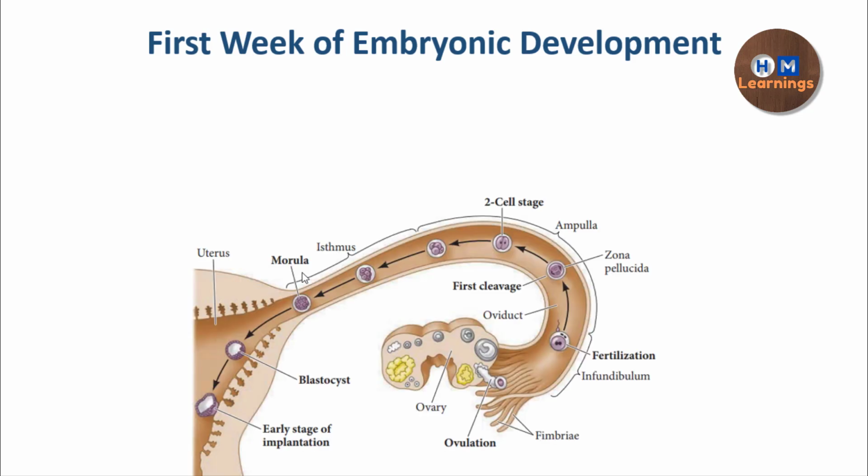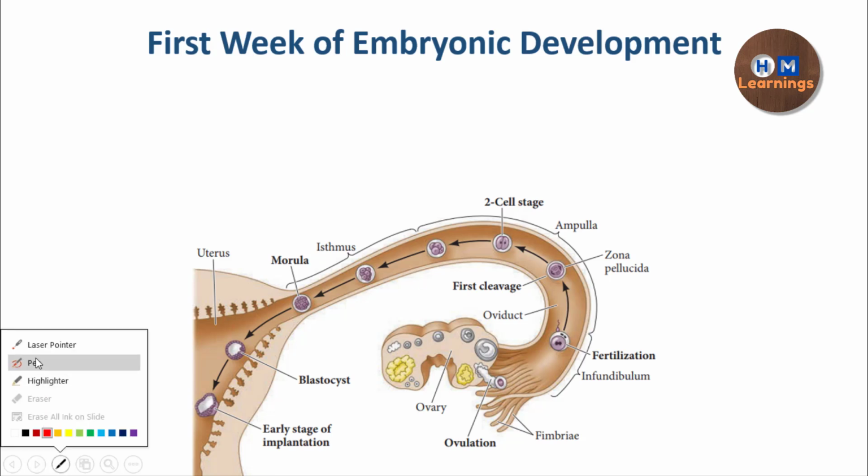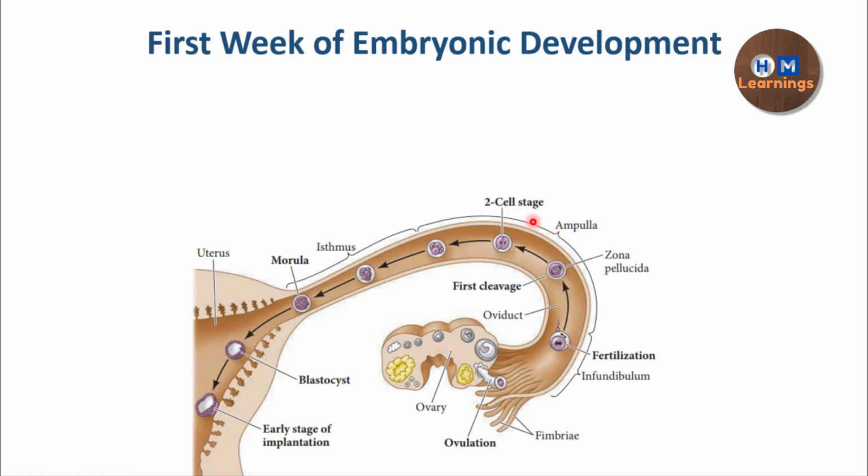This is a diagram of the female reproductive system. You can see here that fertilization has happened in the ampulla region of the fallopian tube, and if you remember, fertilization ultimately resulted in the first cleavage and the formation of the two cell stage.